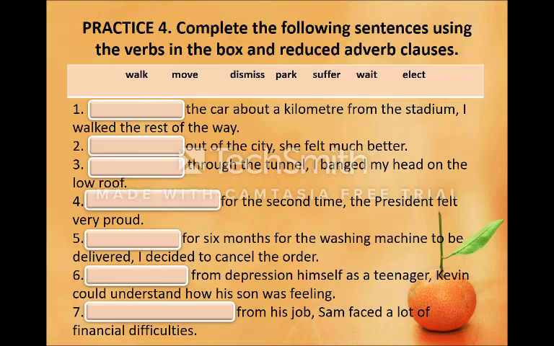Now, look at practice 4. Complete the following sentences using the verbs in the box and reduced adverb clauses. First, think of your answers. You can pause the video here.